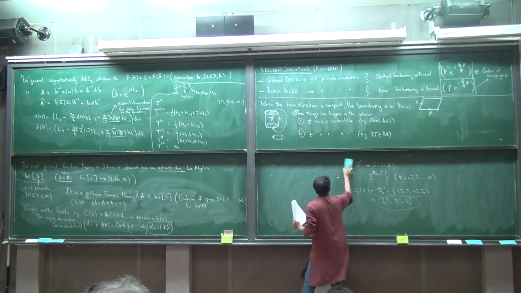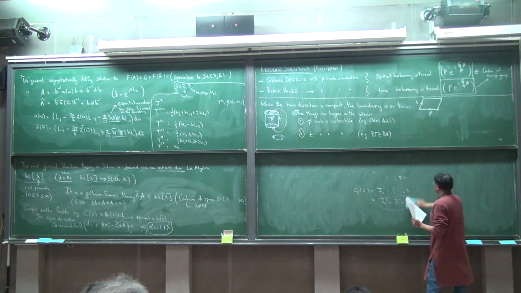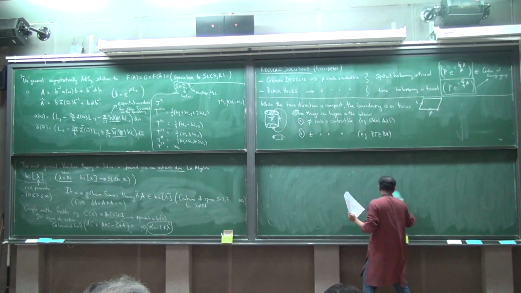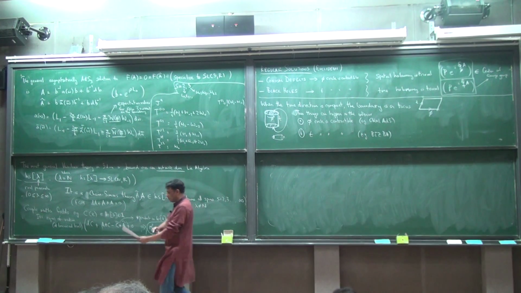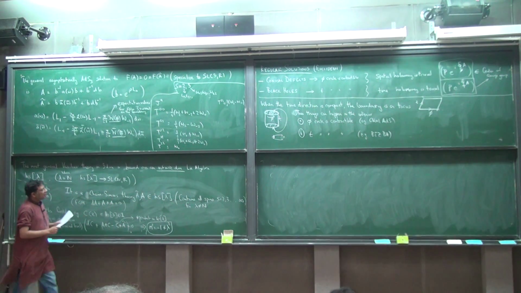But I'll just conclude by saying what the relation to these dual CFTs is. Since probably many of you haven't seen the AdS/CFT correspondence very much, I'll be very brief.